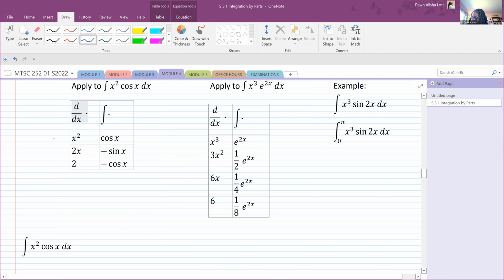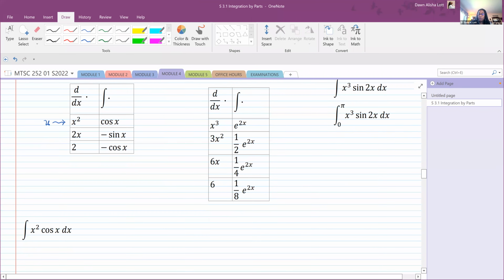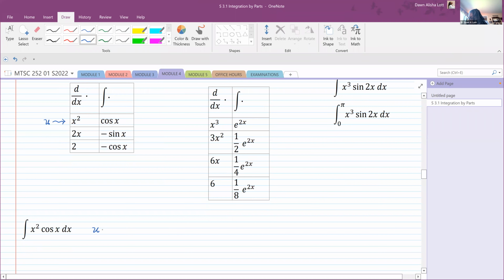So in this problem, u is x squared and dv is the cosine of x dx. So we start off with u and dv. Does everybody see that? Okay, so we start off like that.